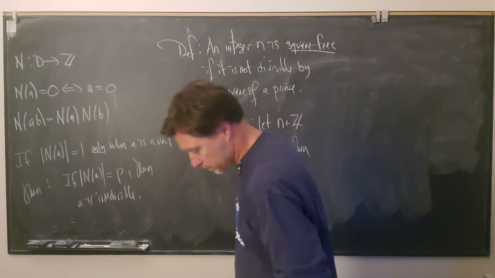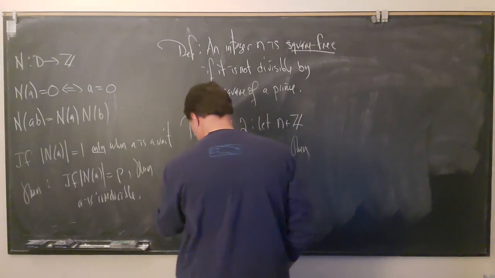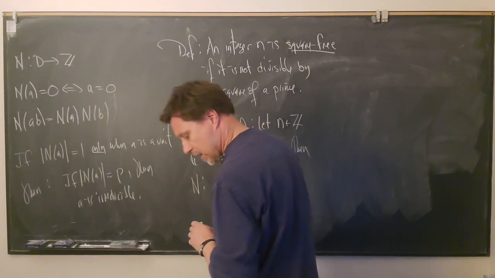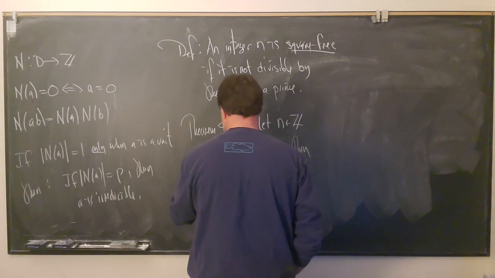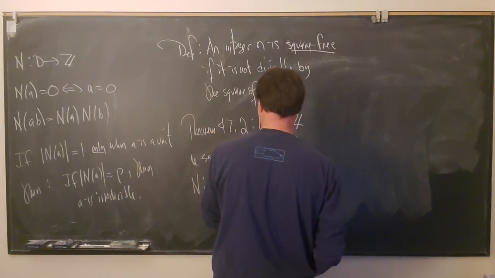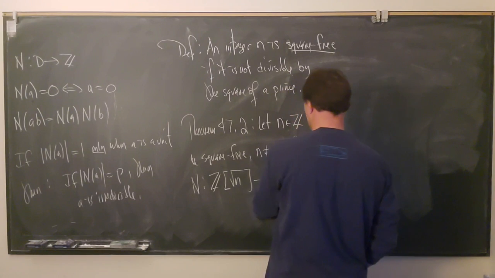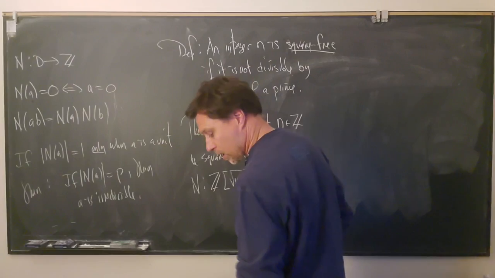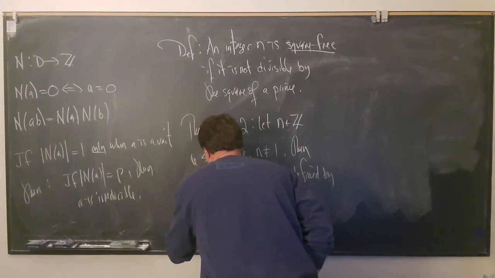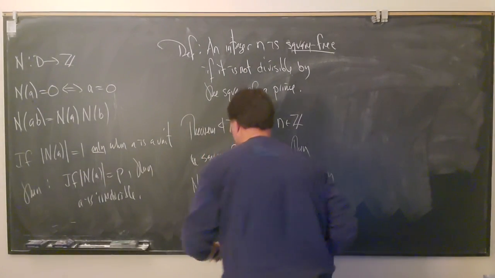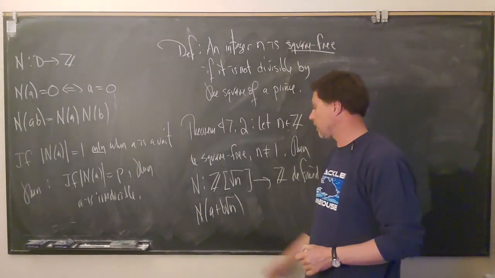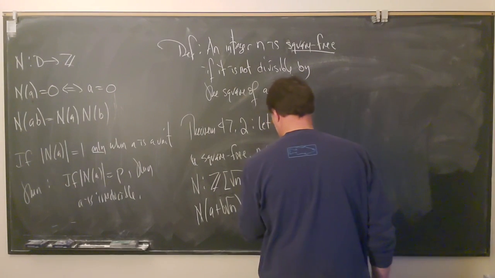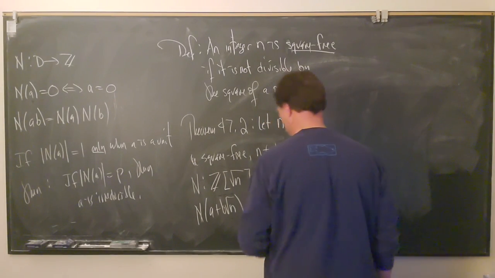Then the function N from Z bracket square root of n to Z, defined by N of a plus b root n, remember, this Z bracket root n is the set of all things in the form a plus b root n, where a and b are integers, equals a squared minus n b squared.